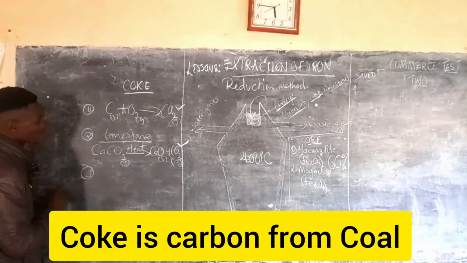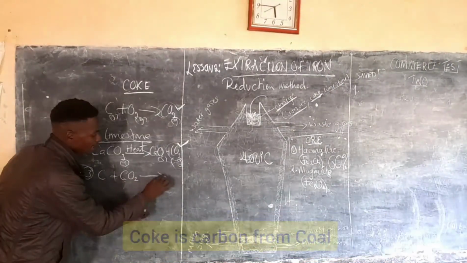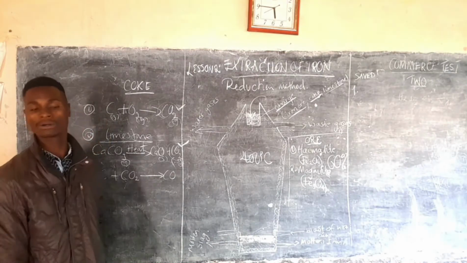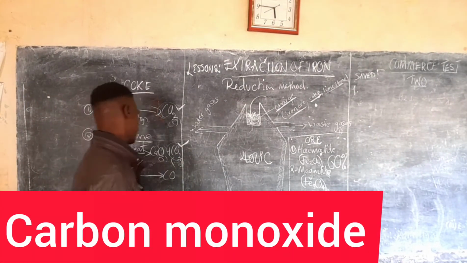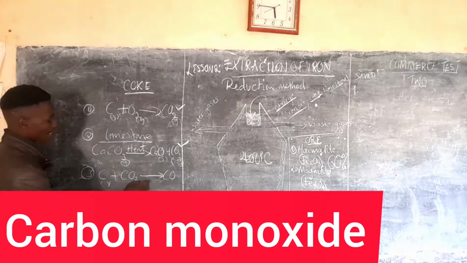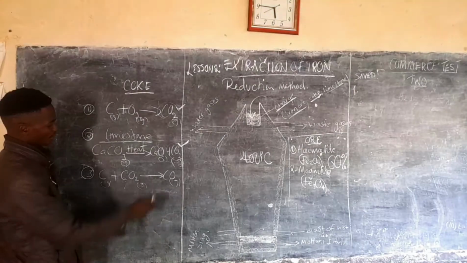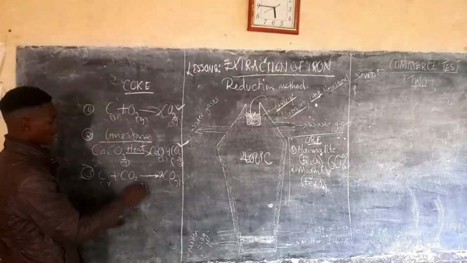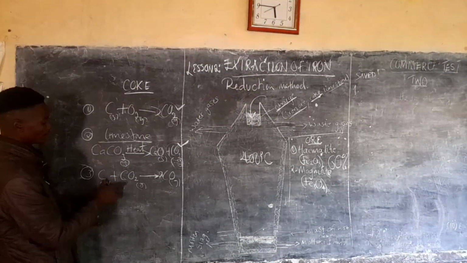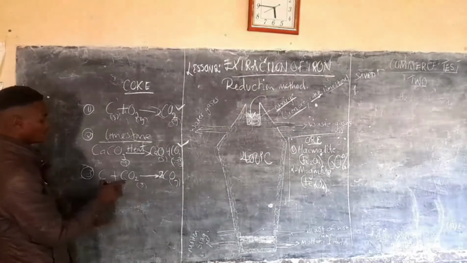So let's call this one the third reaction. Coke reacts with carbon dioxide to form carbon monoxide. This is solid, this is gas, and this is also a gas. That's the matter of balancing. Carbon 2 on the right hand side, then you have carbon 1, so put the 2 here to balance carbon.